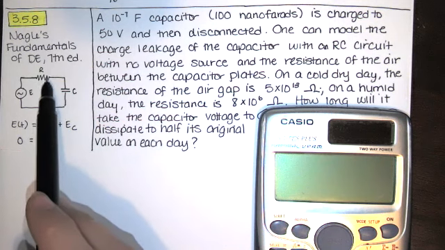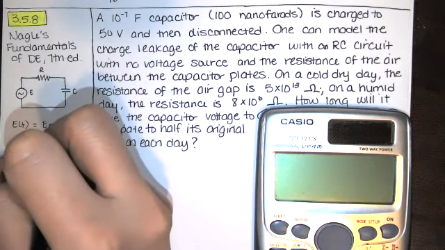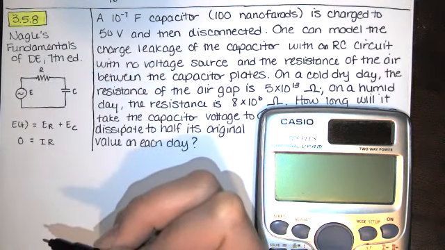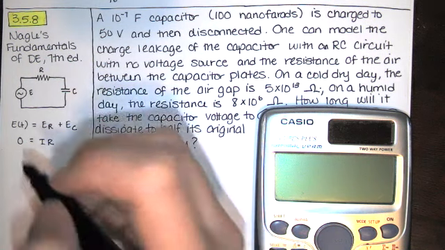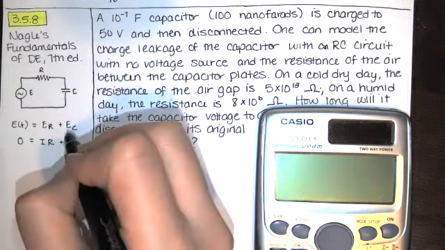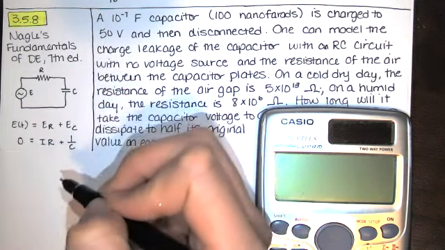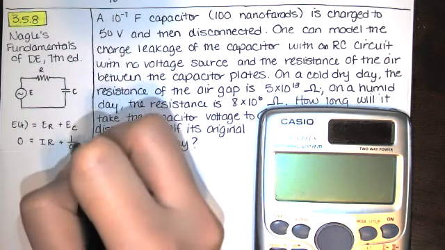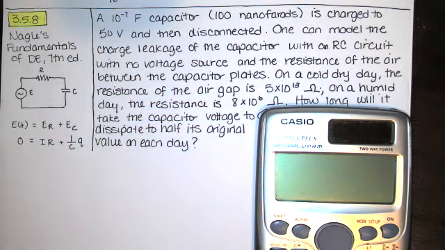The voltage drop for any resistor is given by the current passing through the resistor times the resistance. And the voltage drop for a capacitor is 1 over C, where C is the capacitance of the capacitor, times the charge on the capacitor.